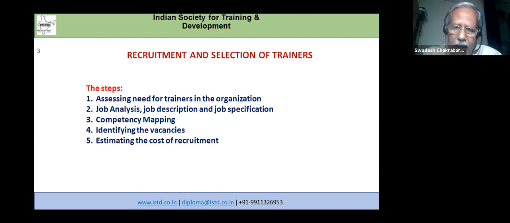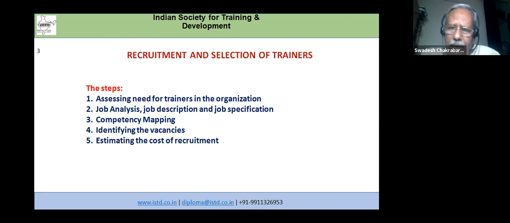So these are the steps involved in the process: assessment of the need of the organization on the basis of the job analysis, description, and specification, that is, what kind of competence, what kind of aptitude, what kind of skills are required, and accordingly we need to map the competence of the trainers with that kind of requirement.